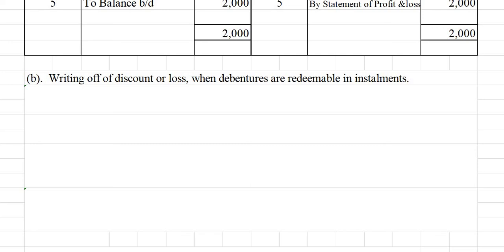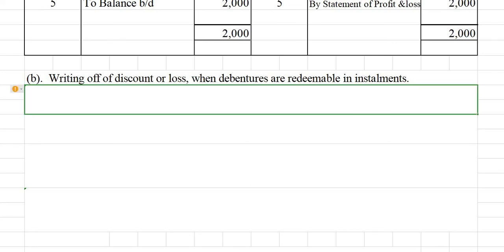In the previous case, debentures were redeemed in lump sum after the 5th year. Now, every year we are redeeming a part of the debentures. When some debentures are redeemed, then proportionately for the debentures being redeemed, we have to write off the discount.